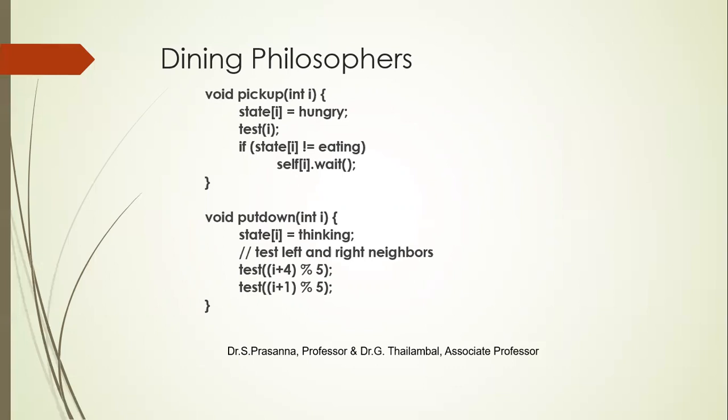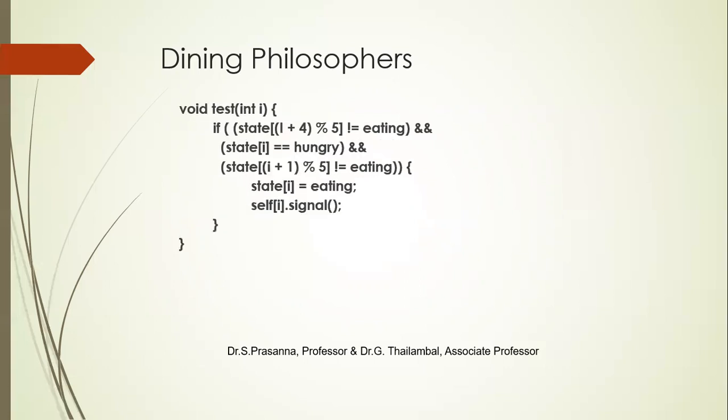And in putdown, once they put down the chopsticks, their state will be thinking. Then the left and right neighbors, if they want the chopstick, which is checked in the test module, can use the chopsticks.